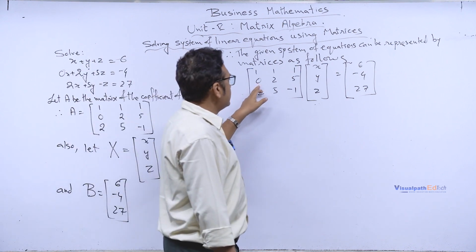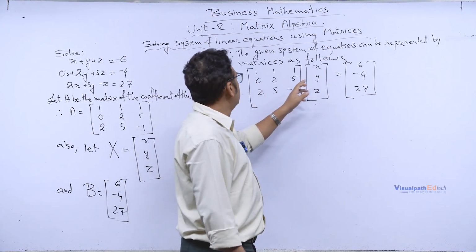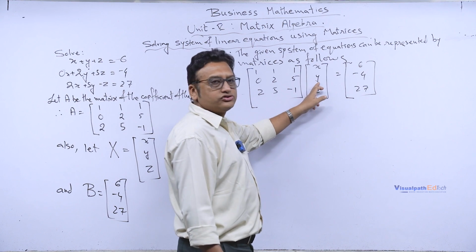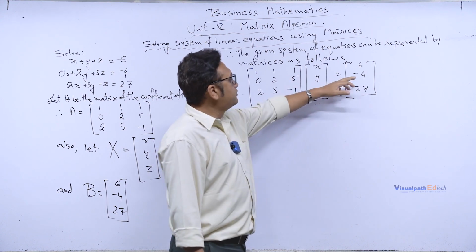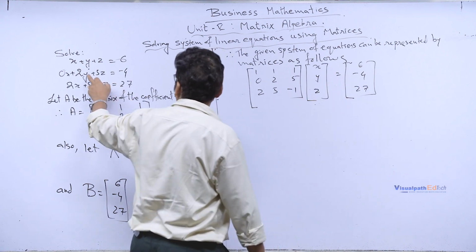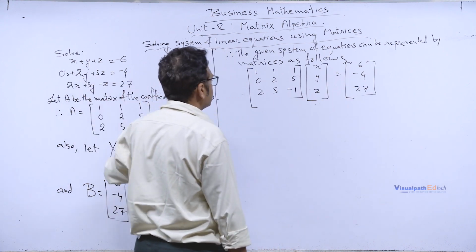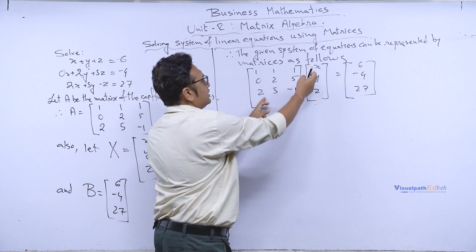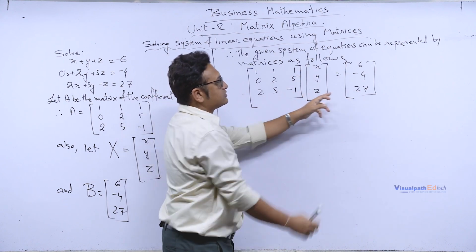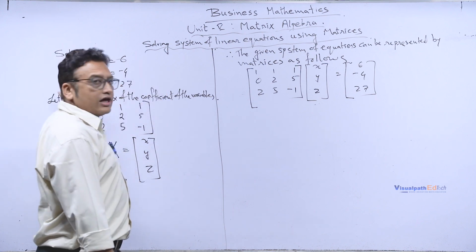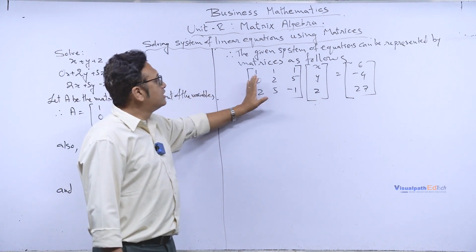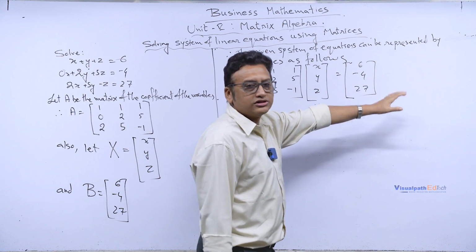Again, the next: 0 into x, 0, 2 into y, 2y, plus 5 into z, 5z, equated to minus 4. So we get the second equation, 2y plus 5z is equal to minus 4. Finally, we'll get 2x plus 5y minus z is equal to 27. So the entire system of equations can be represented by matrices in this way.